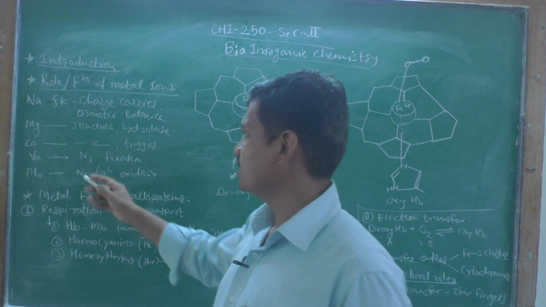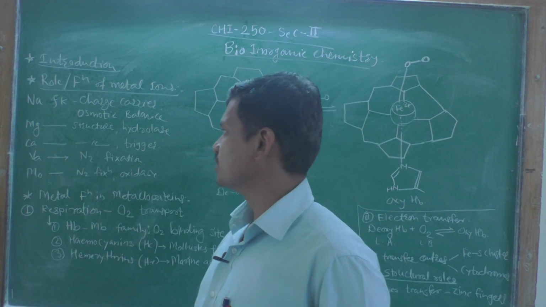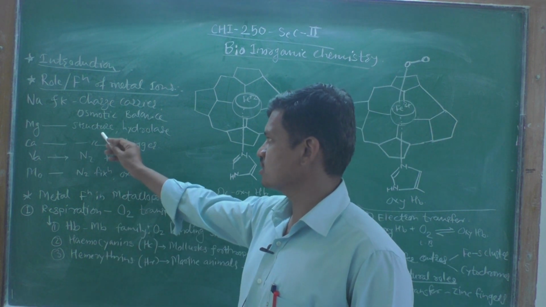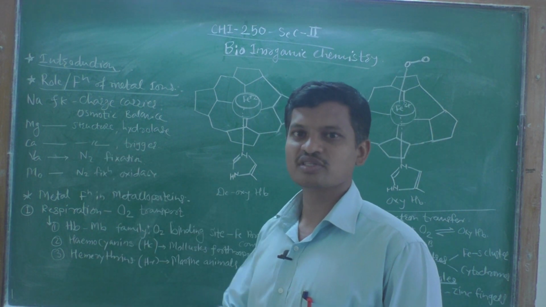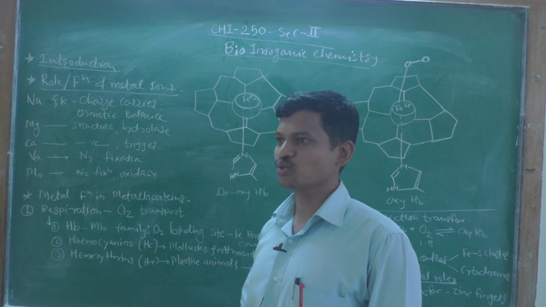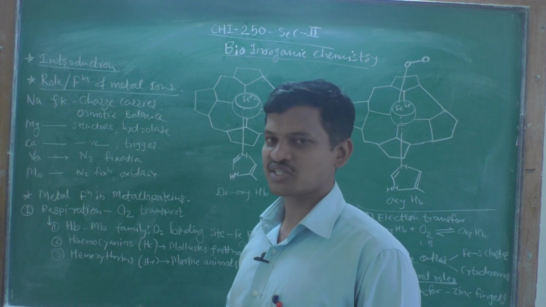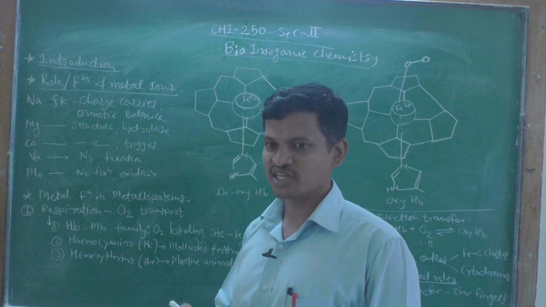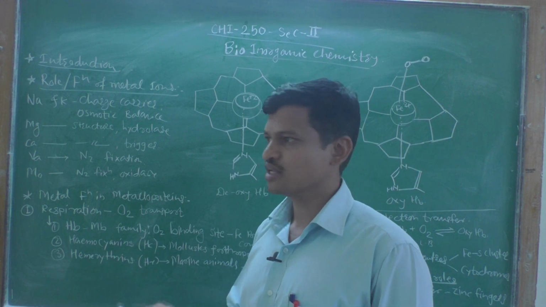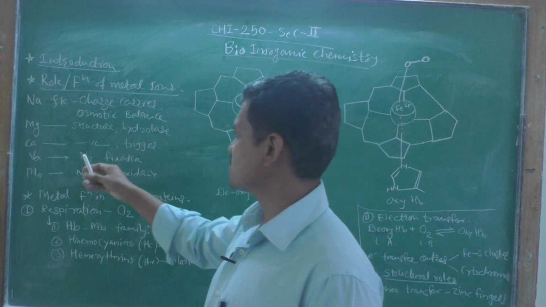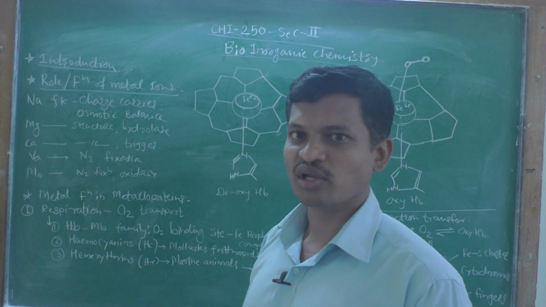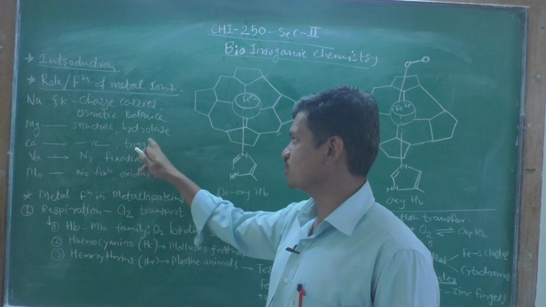Then the second one is magnesium. Magnesium has a role in structure, meaning it is related to the structural transformation of one character from one generation to another generation. It is also involved in enzymes such as hydrolase.